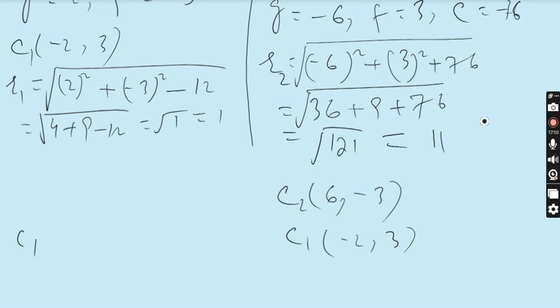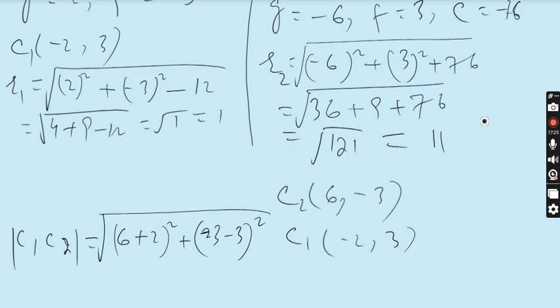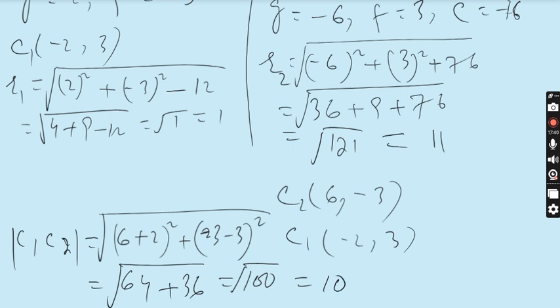So C1C2 is the square root of 6 plus 2 squared plus minus 3 minus 3 squared. 6 plus 2 is 8. 8 squared is 64. Minus 6 squared is 36. It is 100. It is 10.